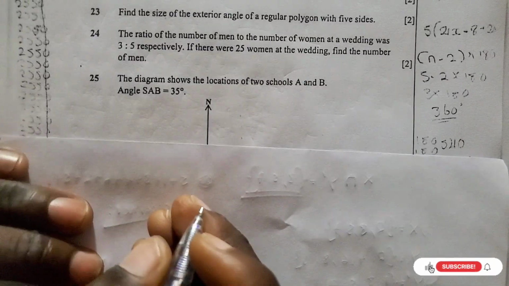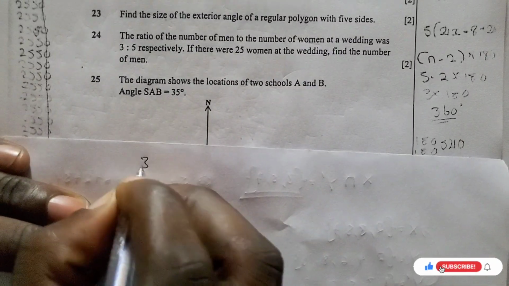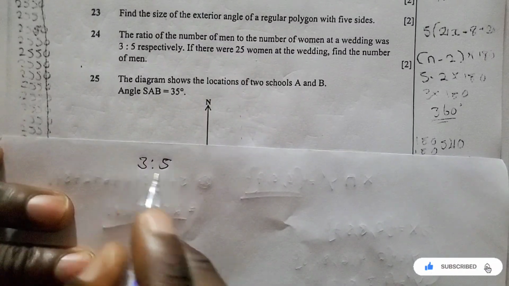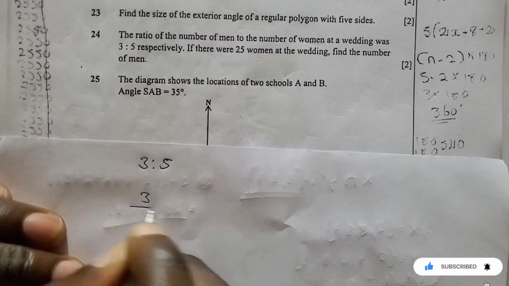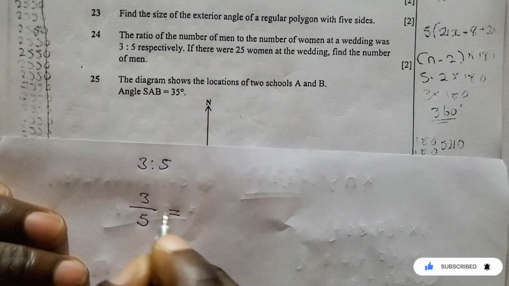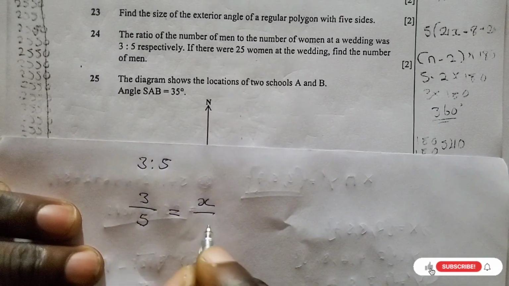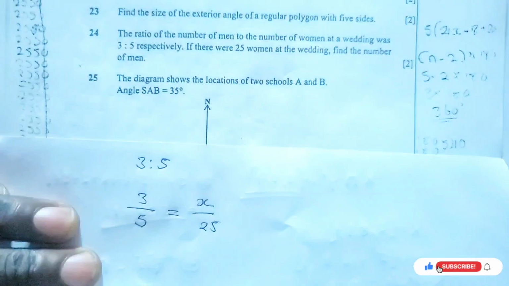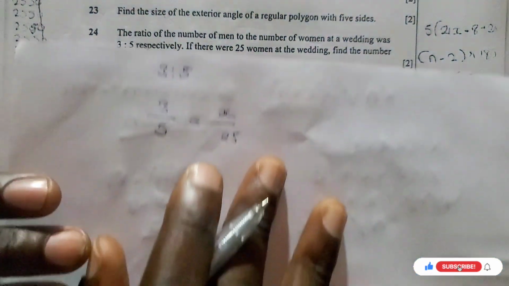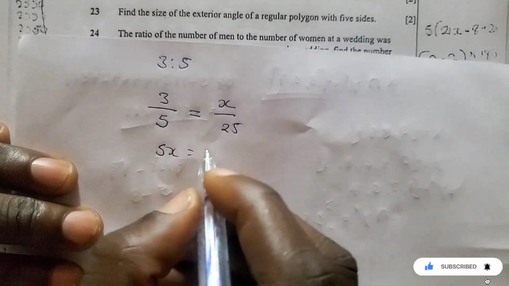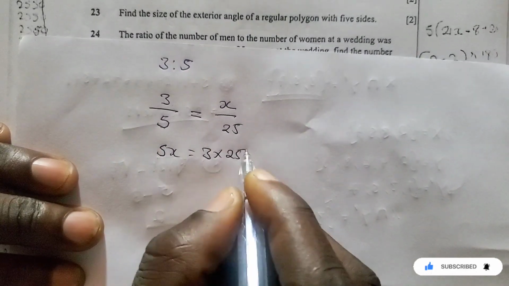The answer is very simple here, right? The ratio is 3 to 5. So write as a fraction: 3 over 5 is equal to x, the number of men, over 25, the number of women. Then you cross multiply: 5x is equal to 3 times 25.